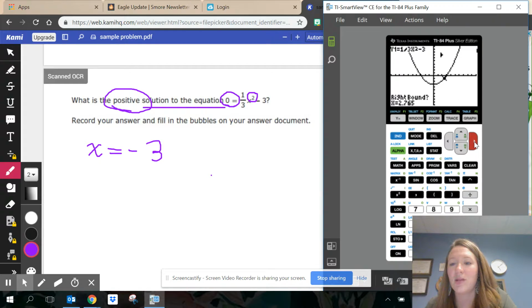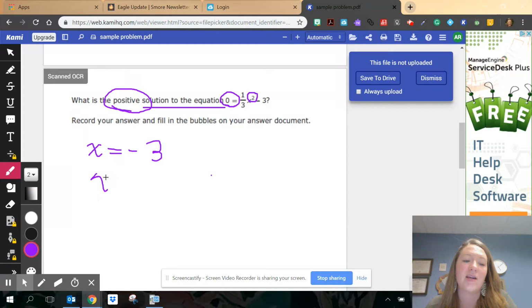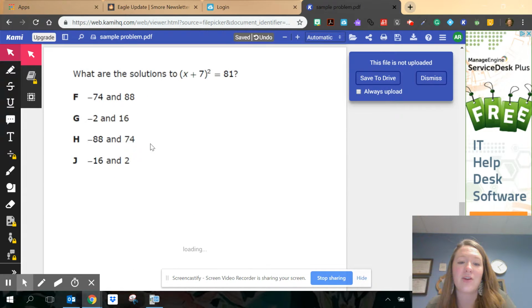Press enter. I'm going to go to the right of my 0, press enter. I'm going to guess. It's about right here. Bam. This 0 is when x is +3. So if I am finding my solution and I'm bubbling it in, I'm going to bubble in the number 3. Okay? All right, now let me show you another example.